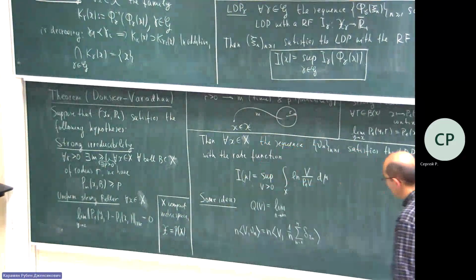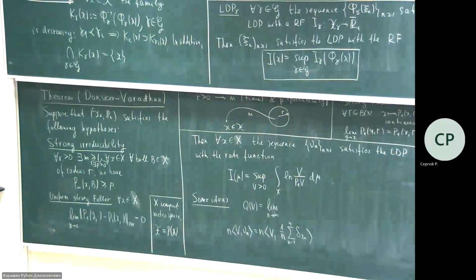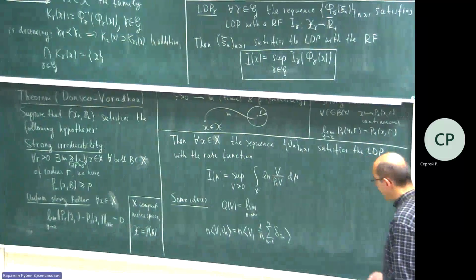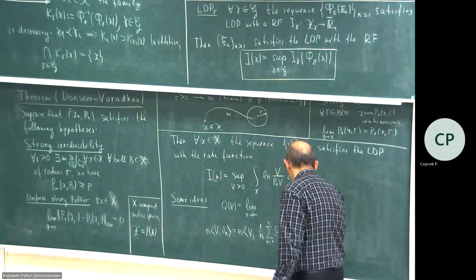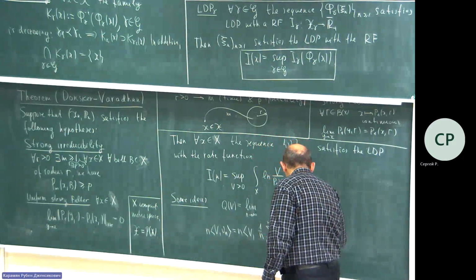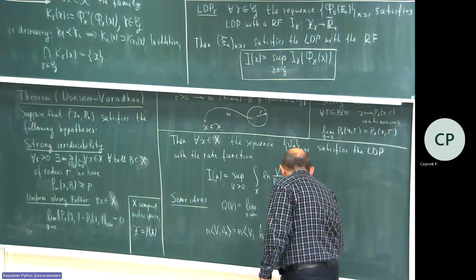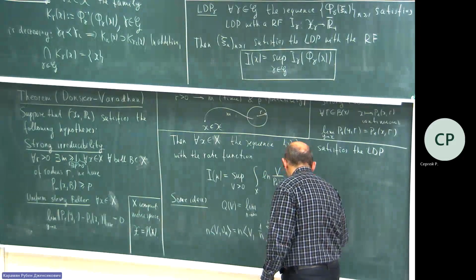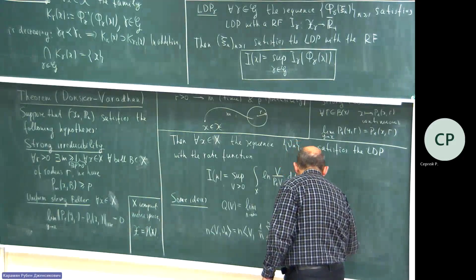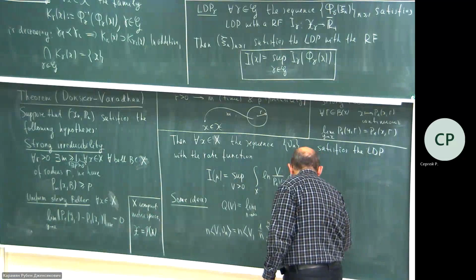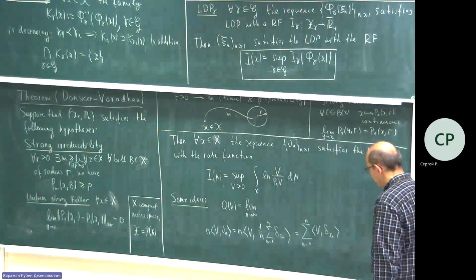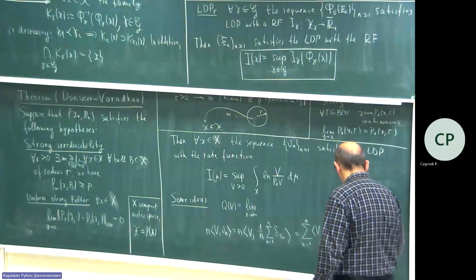So this is the integral. Now this n simplifies with this one, and I get the sum k from 1 to n, integrated against delta xk. But integrating against the Dirac mass is not difficult.